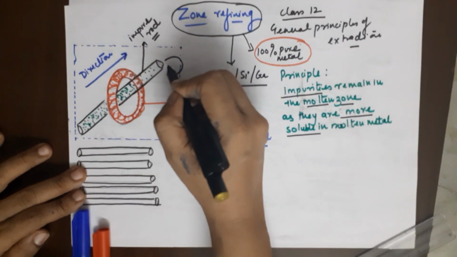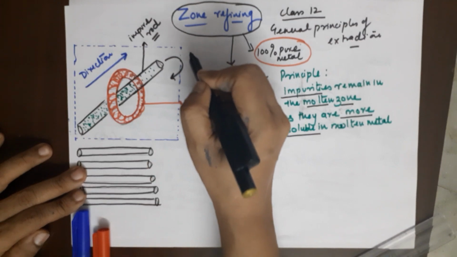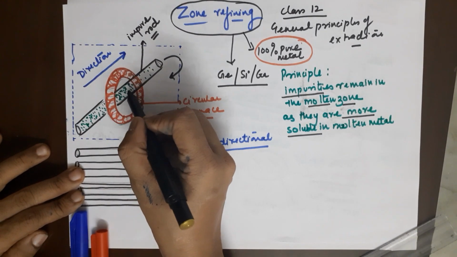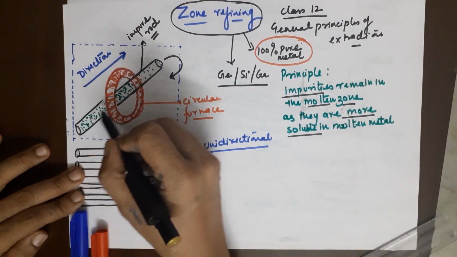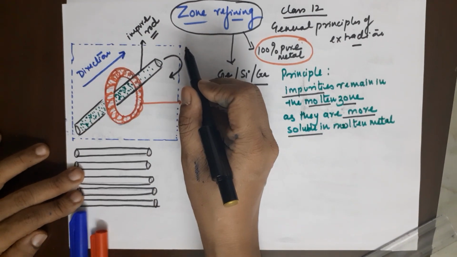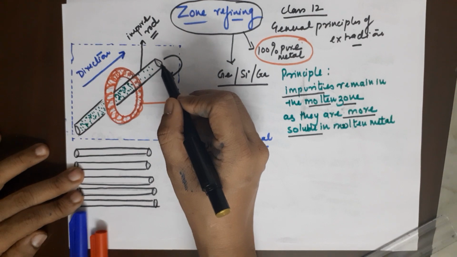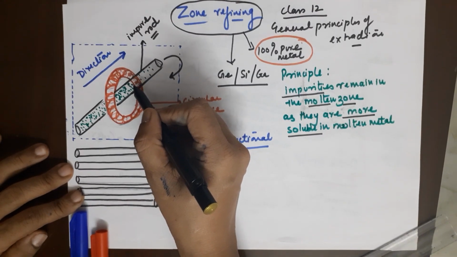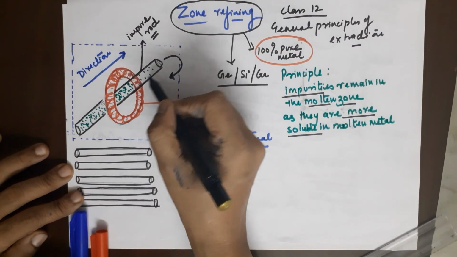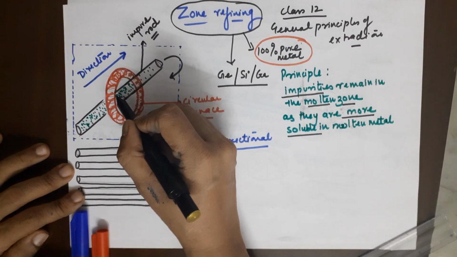If you pass them repeated number of times, you will find that the impurities start moving towards the end of the rod, because every passage through the furnace causes the impurities to move in the direction of the molten zone. As the rod moves up, the molten zone will go on moving behind.